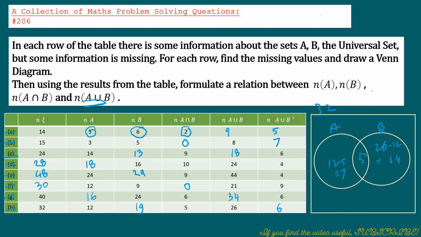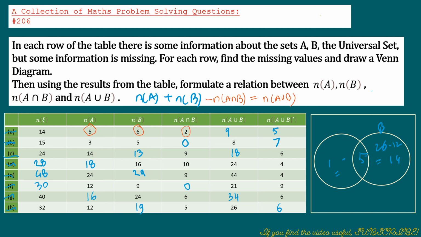So if you write n(A) plus n(B), and you can see from the first one that if you have n(A) and then n(B), you add them and you take away the intersection, so minus n(A intersection B), you would get n(A union B).